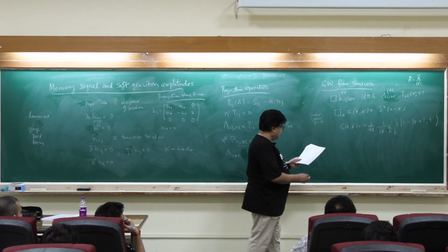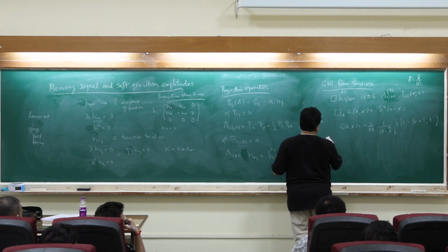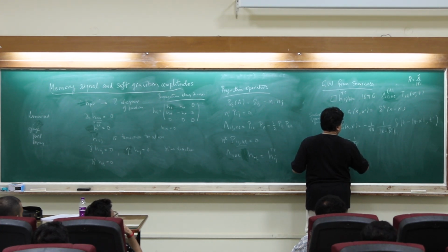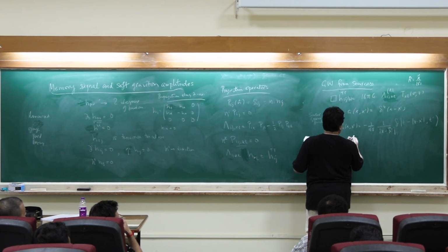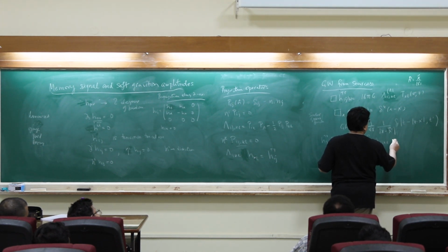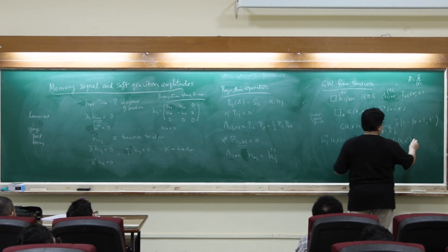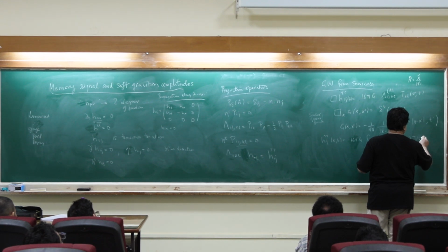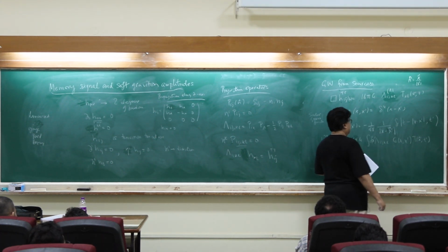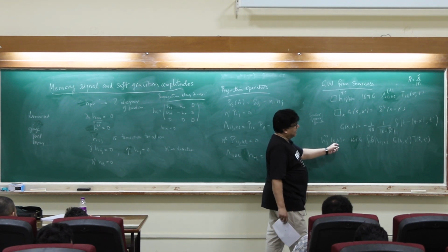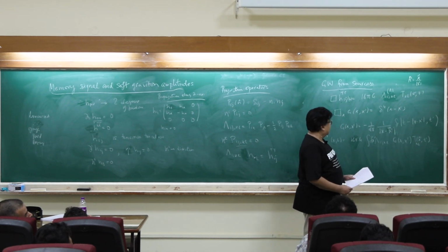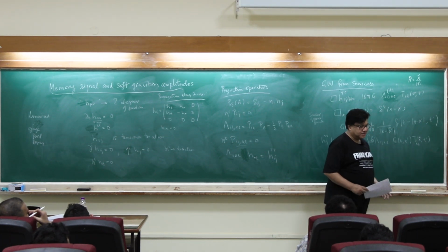Okay. And so our h_ij TT of x and t will be, so h at x, t will be the Green's function convoluted with the stress tensor in the x prime, t prime coordinates.